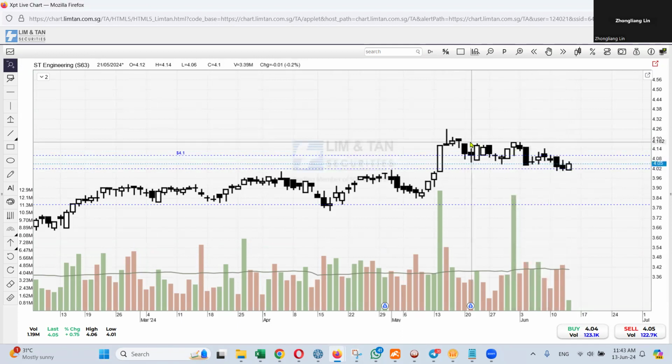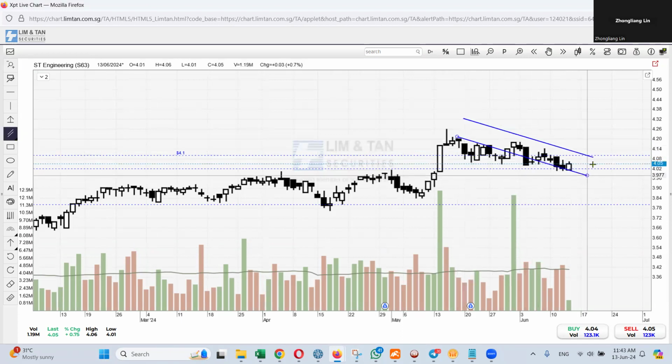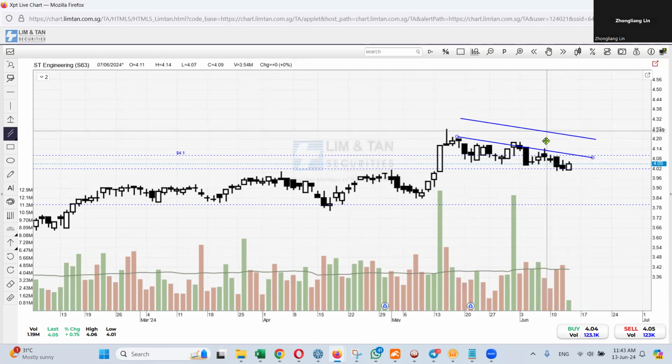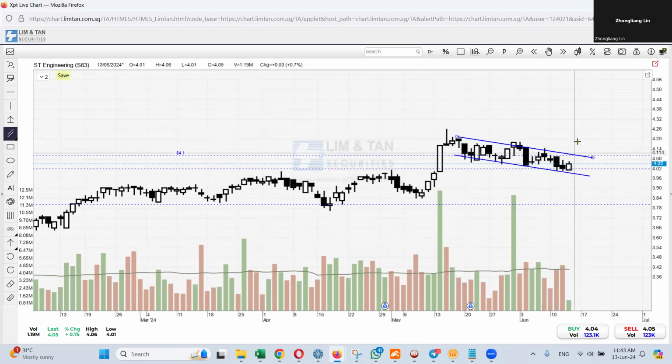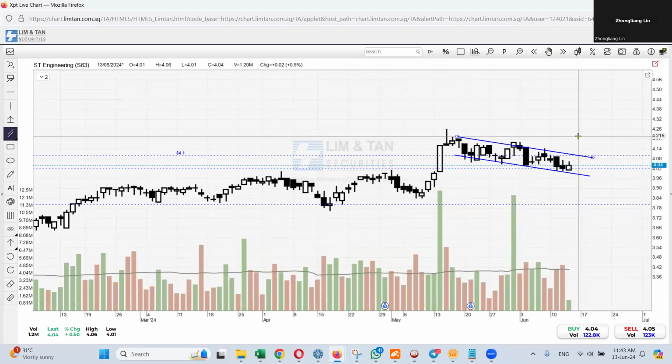Overall, it hasn't been that bearish, although it established a downtrend, but it's not a really bearish downtrend, because this could be a channel trade where this counter, if it breaks out above this downtrend channel, then it will go on to the next phase of uptrend. So we have to see what is going to happen to ST Engineering after this stock rebounds from this low.